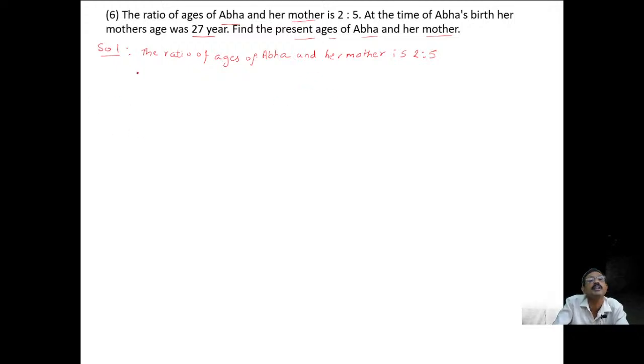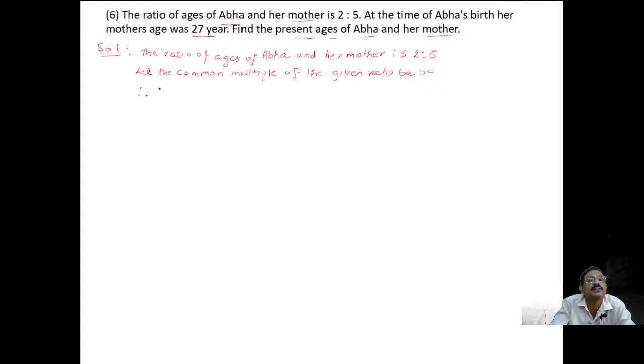Let x be the common multiple of the given ratio.